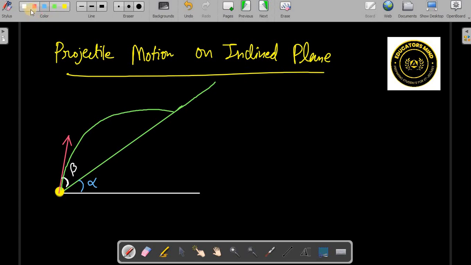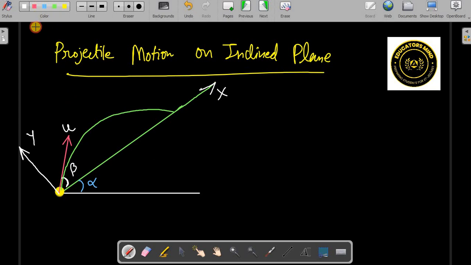There are calculations here. First of all, we should take this as the x-axis and this as the y-axis. Now the x and y axes are not the same as usual. Along the inclined plane is the x-axis, and perpendicular to it, outward, is the y-axis, and this is the speed u.